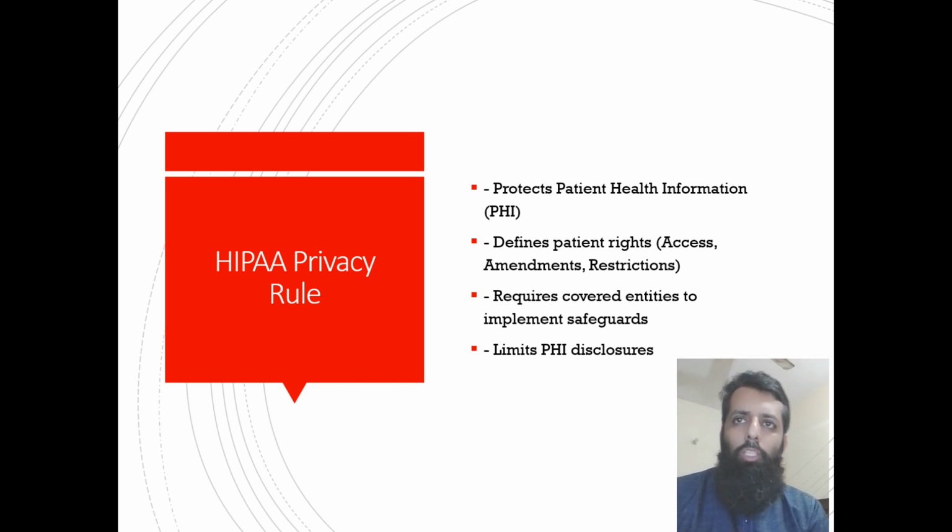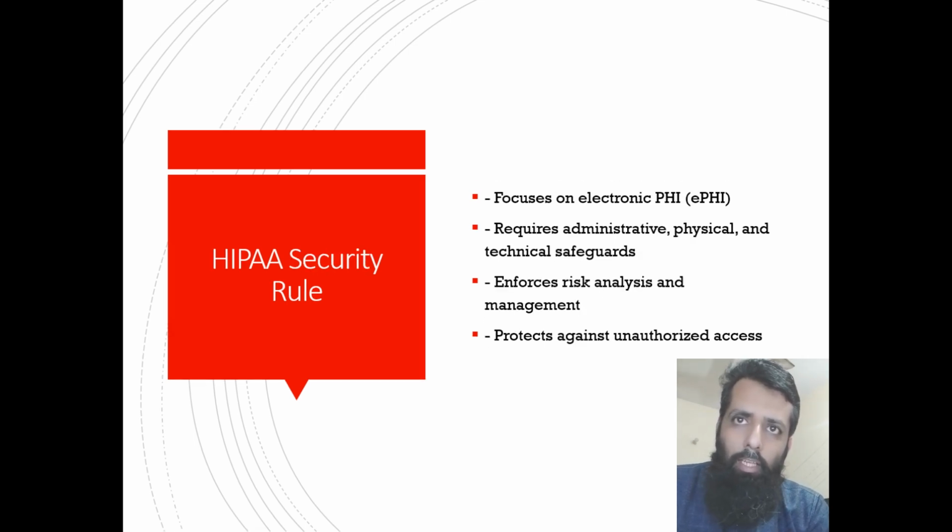While the privacy rule focuses on who can access patient information, the security rule ensures that electronic protected health information is kept secure. This rule applies to computers, email communications, and any digital storage of patient data. There are three main safeguards required under the security rule.